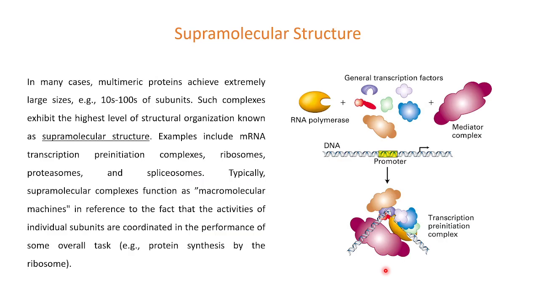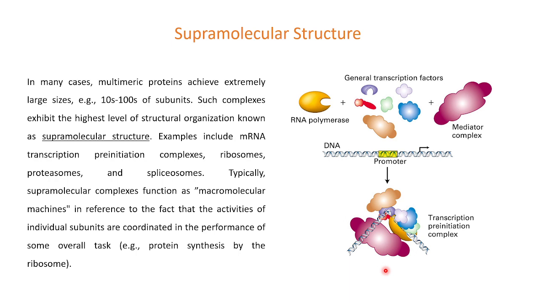Now, when we speak of the supramolecular structure of different nucleic acids or the DNA, in many cases there are proteins of large sizes with 10 to 100 subunits. Such complexes exhibit a higher level of structural organization known as supramolecular structures.